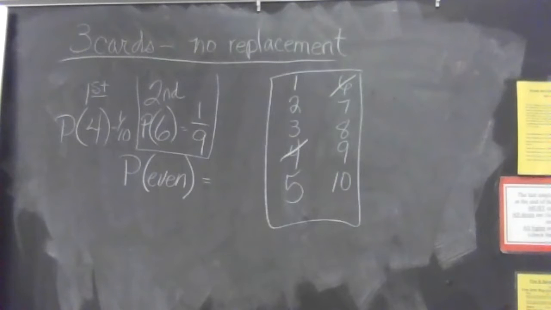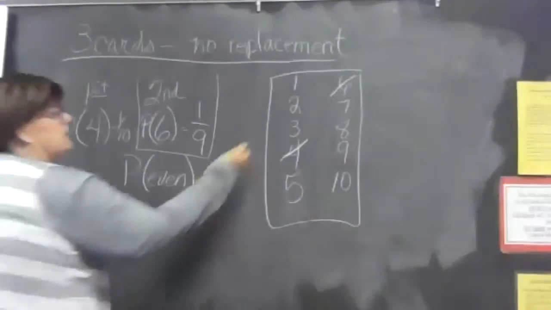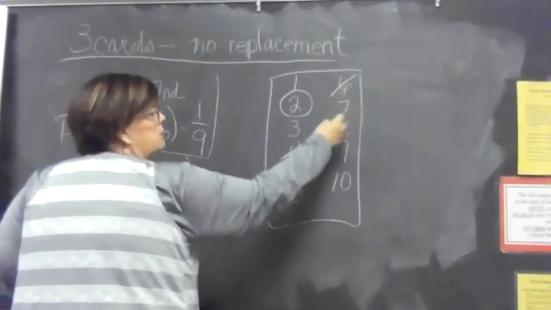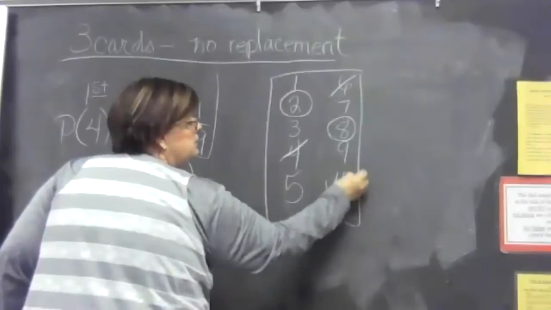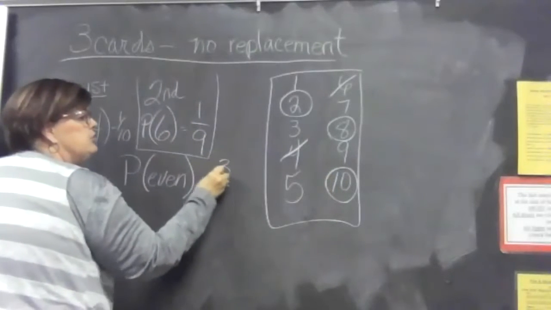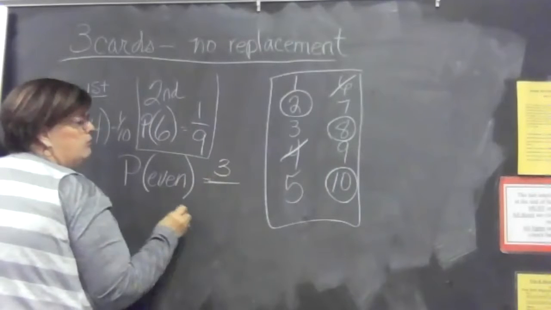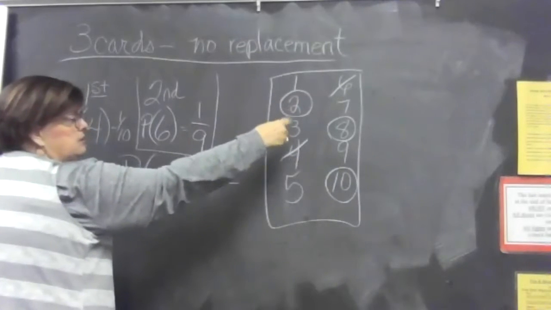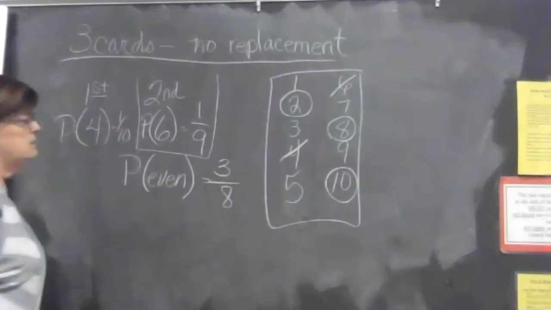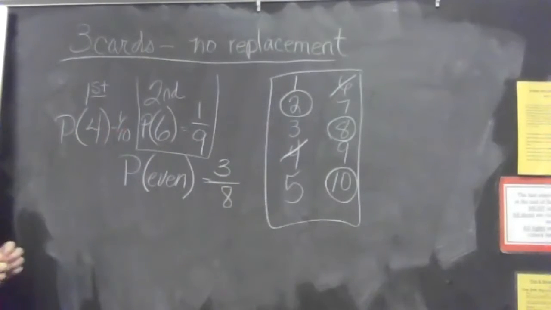3 out of 8, because here's an even number, that one's gone. So the probability here is 3 chances out of only 8 possibilities, because this one and this one are gone. So 3 out of 8. Now I'm not sure, let's look at the answer.